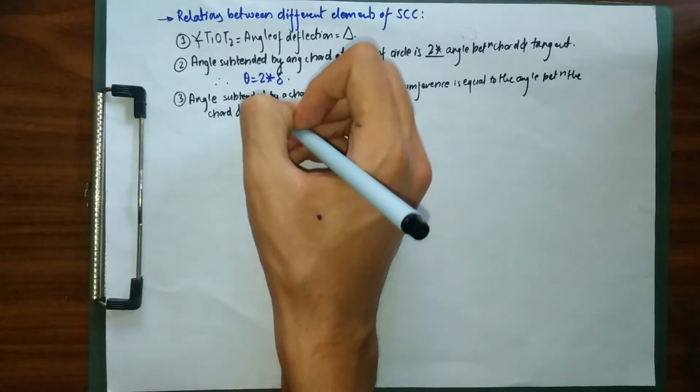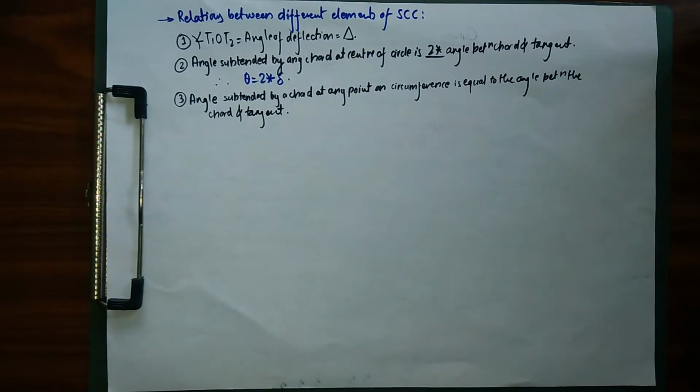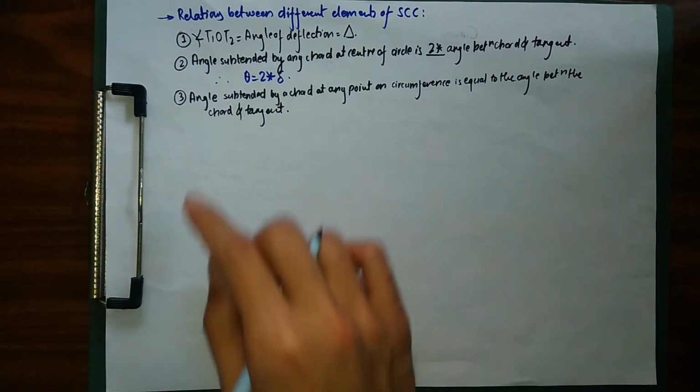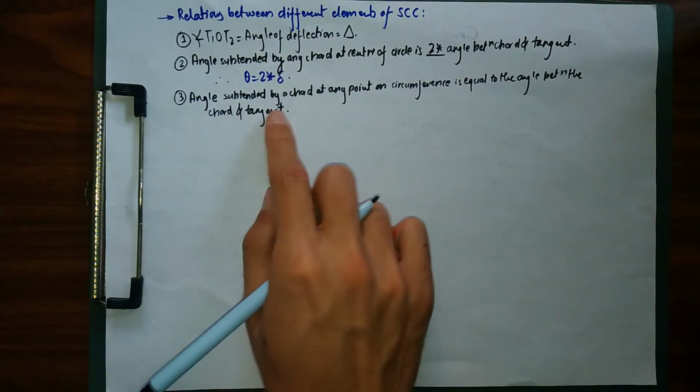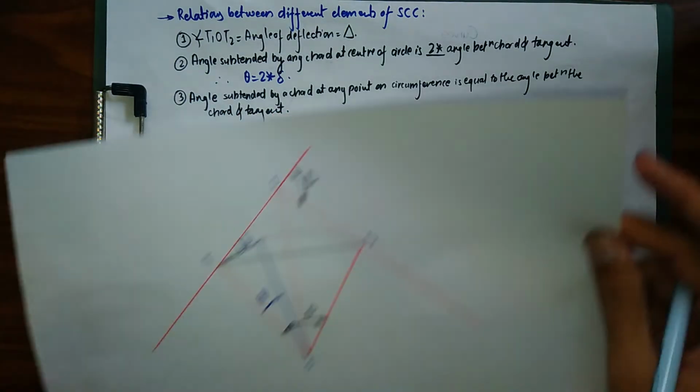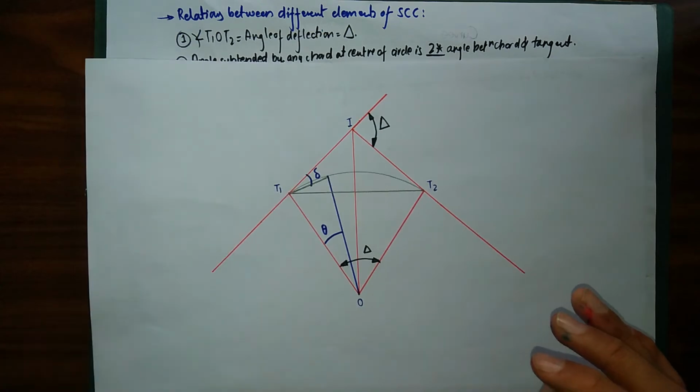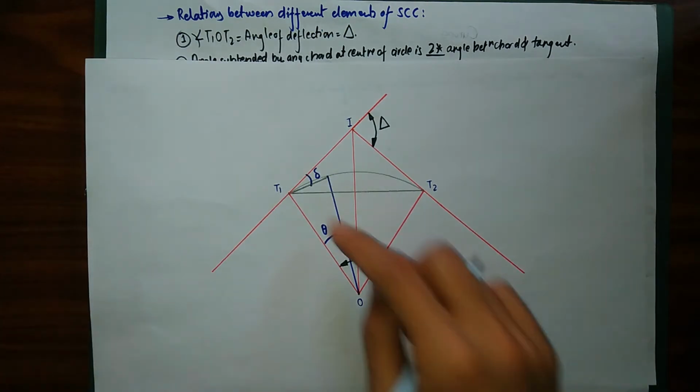Let me explain this with the help of our figure. Let me draw this on my figure. It says the angle subtended by a chord at any point on the circumference, this is our circumference.